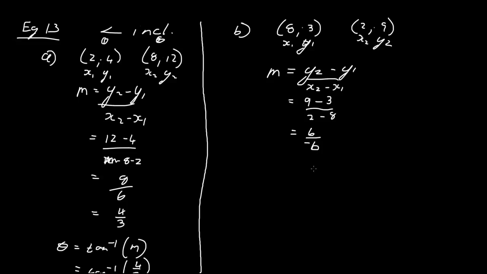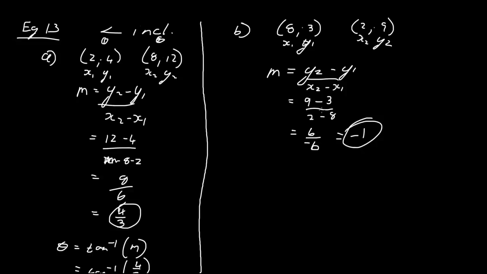Negative 6. Yes. Okay, m equals negative 1. Now you'll notice the example on the left had a positive gradient. Here we have a negative gradient.